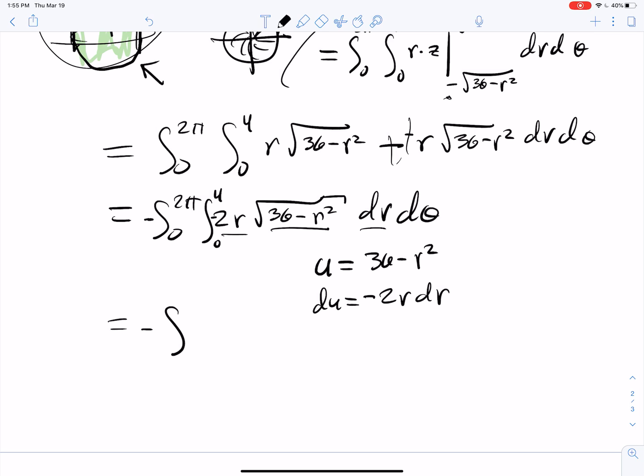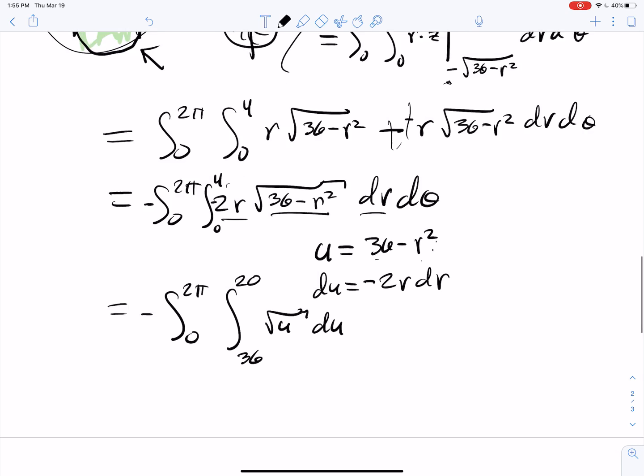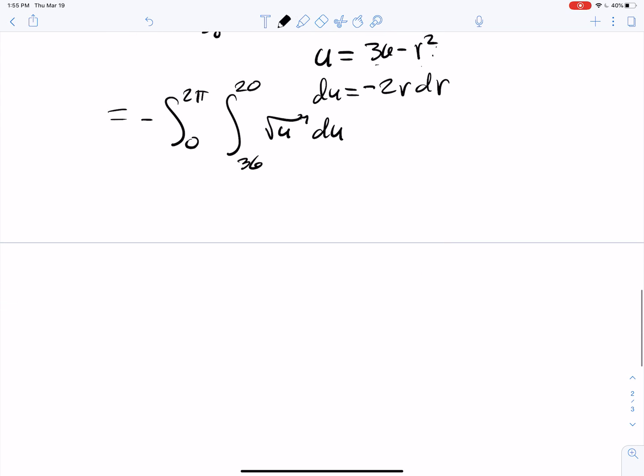So this is going to equal negative, integral from 0 to 2 pi, of the integral of the square root of u du. And what do the u's go from? R started at 0, so u starts at 36, and r ended at 4, which is going to go to 20, because 36 minus 4 squared is 20. All right, and then I can do that integral in terms of u now. It's an integral I know how to do.